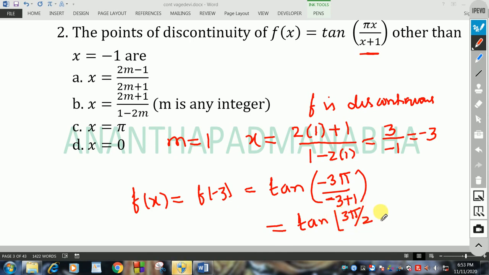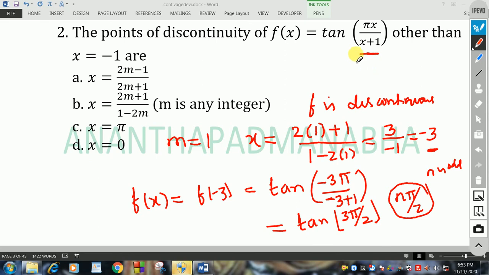So we know that tan theta is not defined for odd multiples of pi by 2. So tan of n pi by 2 is not defined whenever n is odd. So it's not defined means at x is equal to minus 3, the given function tan of pi x by x plus 1 is not defined.